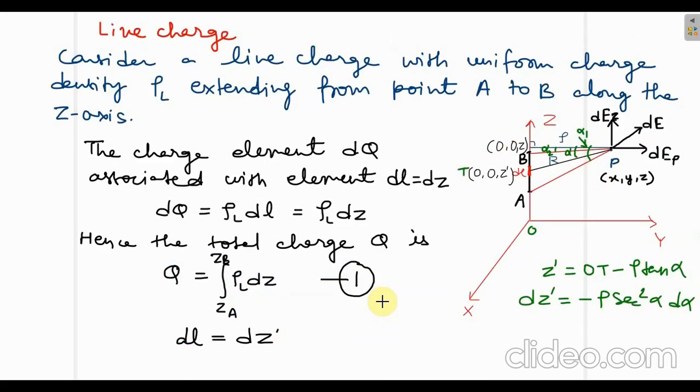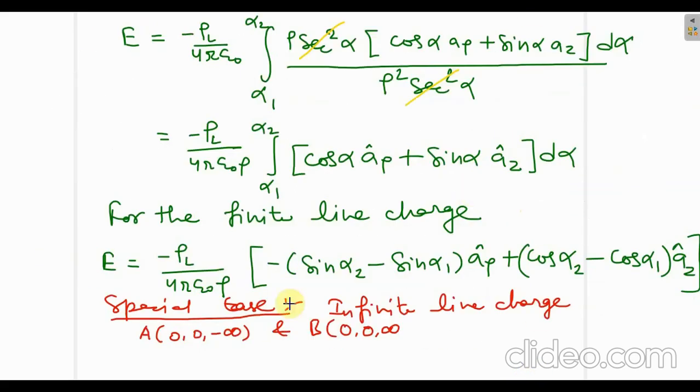Which a and b are we talking of? This a and b. If a is the infinite negative z axis and b is the infinite positive z axis, then the coordinates can be supposed as 0 0 minus infinity and 0 0 plus infinity. In that case, this alpha 1 will be pi by 2, and alpha 2 will be minus pi by 2.